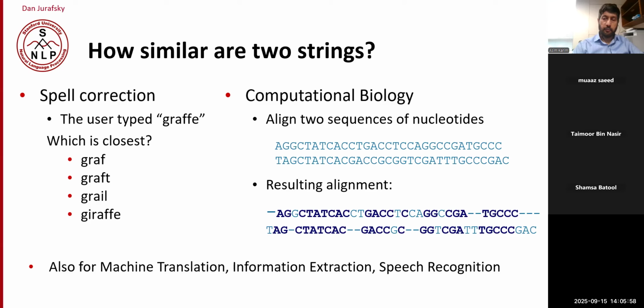So it could be giraffe, for example. It could be graft, and so on. So how do you determine which word to recommend? The one that would be recommended would be the one which is most similar in terms of string similarity with the one that you have written. So that's one very popular application of string similarity.